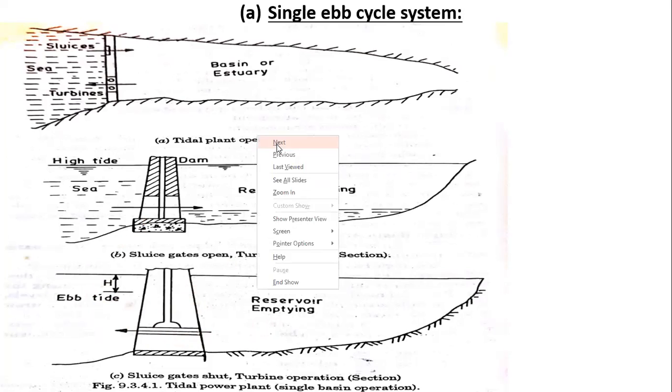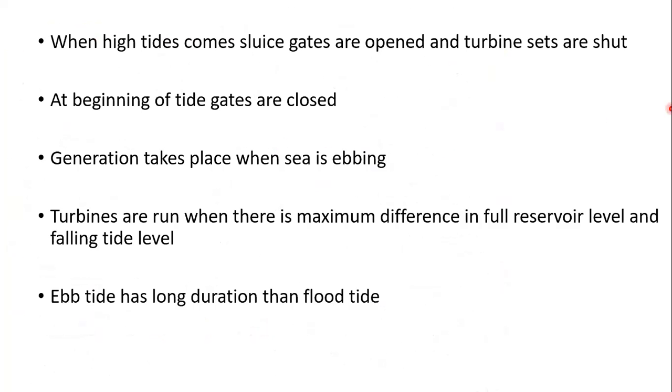Next we will go through the single tidal cycle system. In this single tidal system, the generator is affected when the sea is at flood level, tide. The water of the sea is admitted into the basin through the turbines.